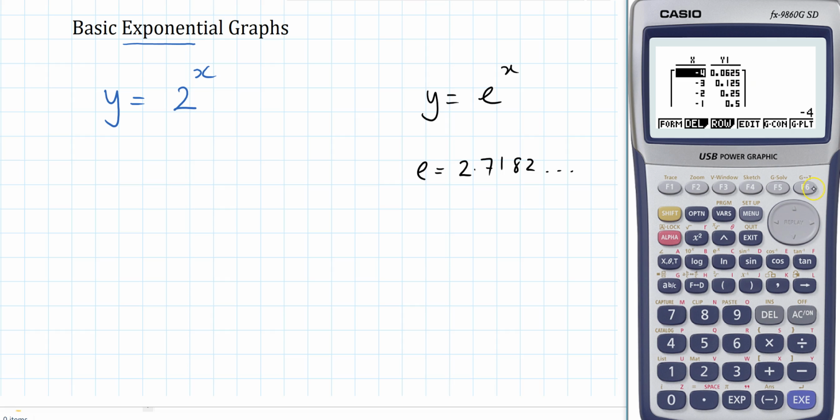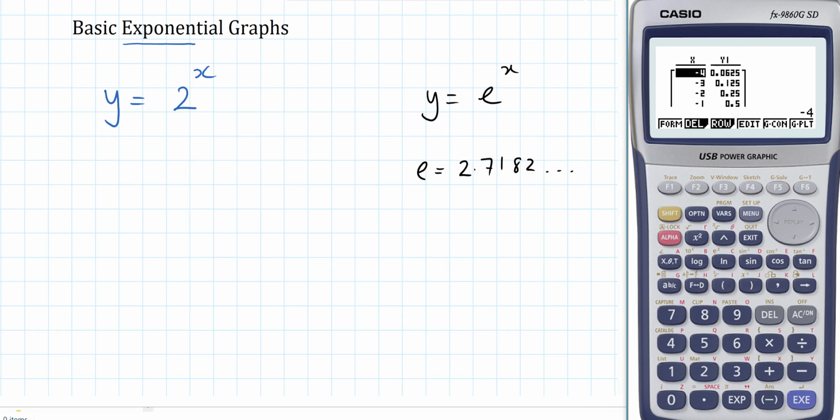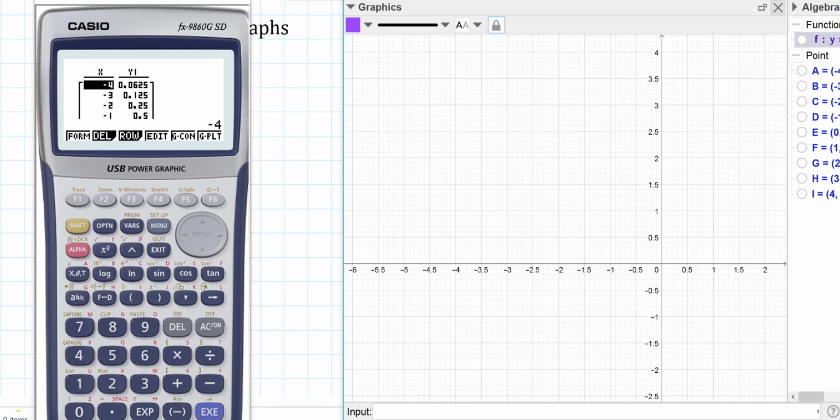So let's have a look and see what this looks like in terms of our graphing package. No, I don't want it as full as that. We'll move this across over here and get the graphing package in. There we are. And now we just need to go and get our different points. So when x was -4, the y value was 0.0625.